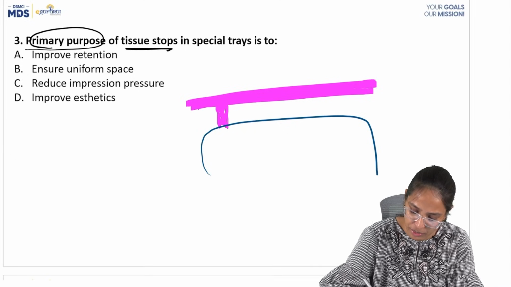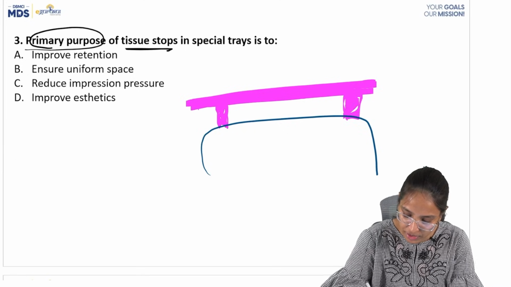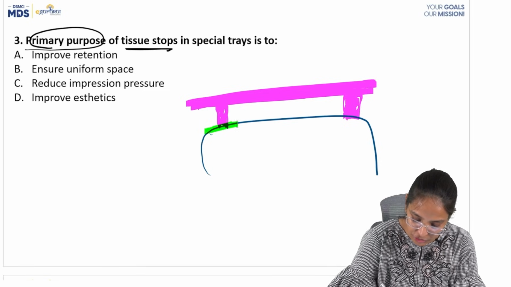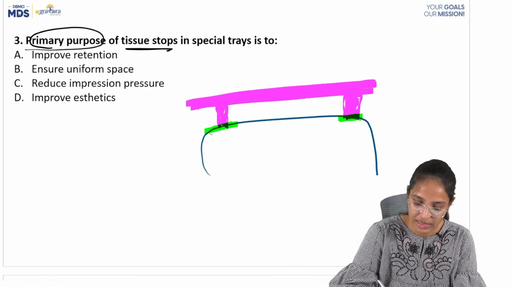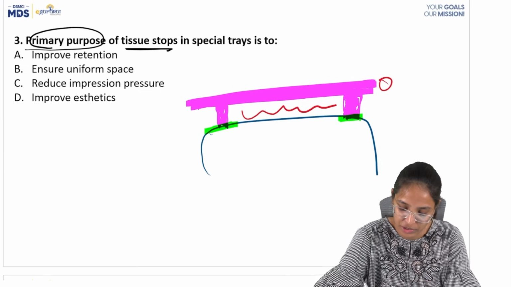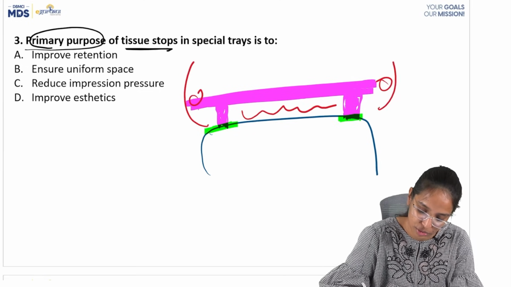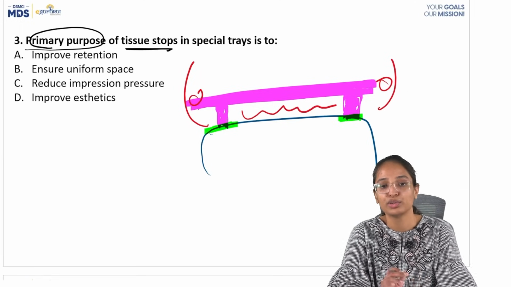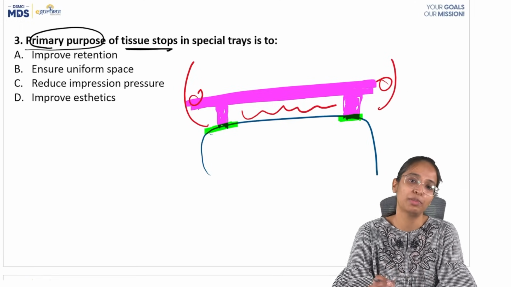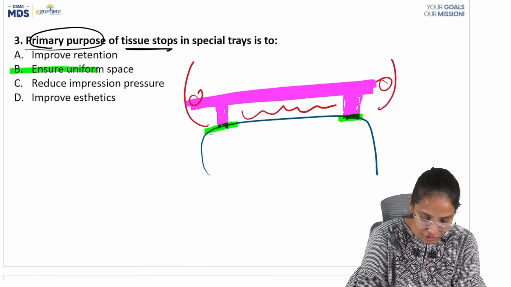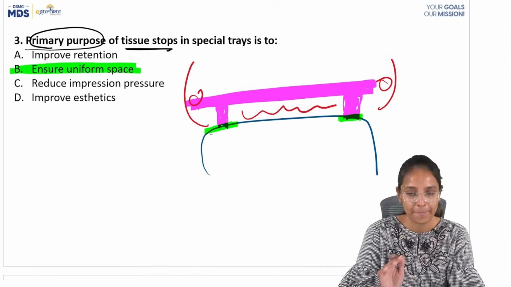I have given a 2 mm thickness of tissue stopper. The moment my tissue stopper comes in contact with the ridge over here, this is the only amount of material that can stay in between. Rest all will come out through escape holes like this that we have on our special tray. So this is the first and primary, most important role of tissue stops. So the correct answer to this question will be ensure uniform space, right?